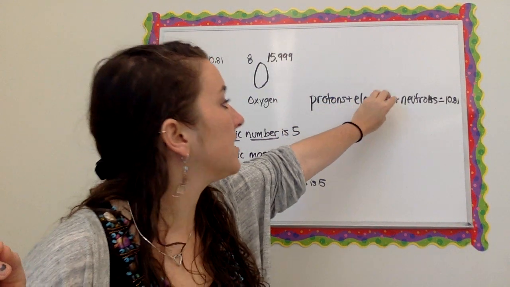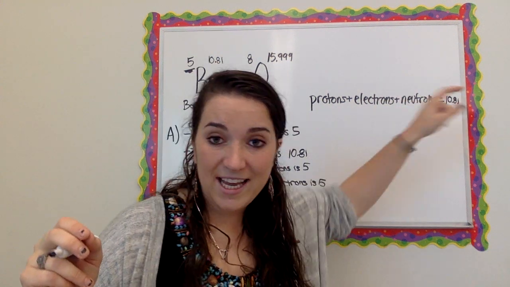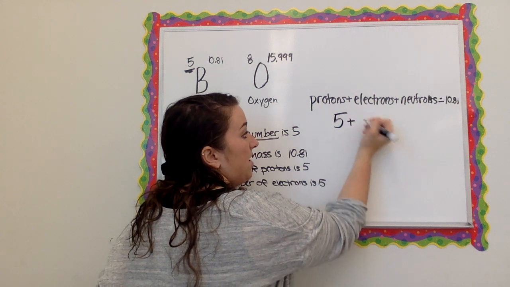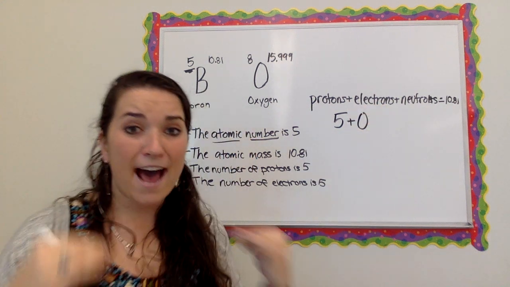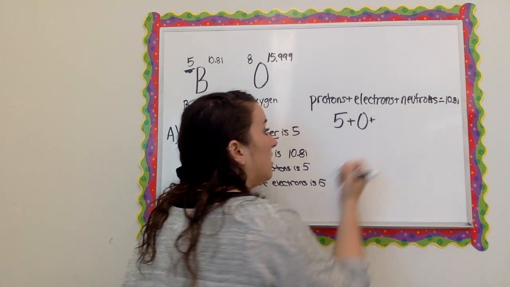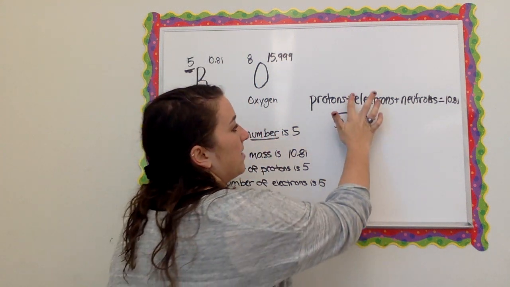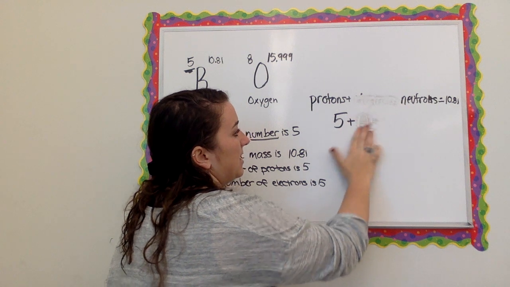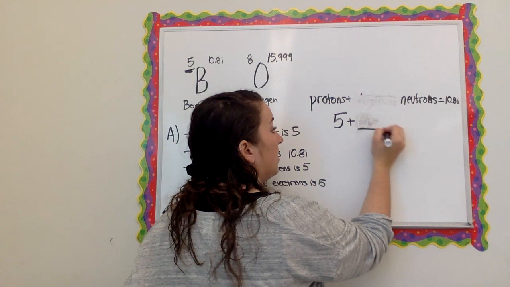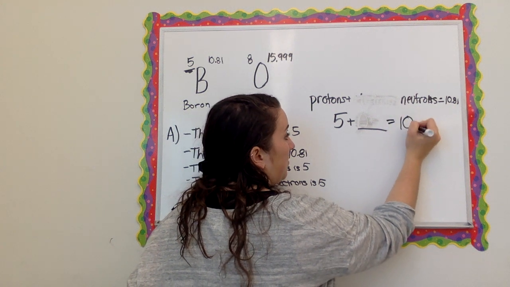So the mass of the protons plus the electrons plus the neutrons is 10 and 81 hundredths. The mass of the protons is 5. The electrons have no mass, so it's just 0. I'm not even going to keep electrons in here, so we'll just add the protons and the neutrons. The mass of the neutrons, we don't know. And the atomic mass is 10.81.